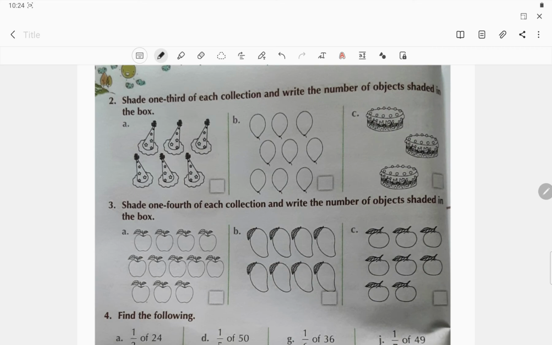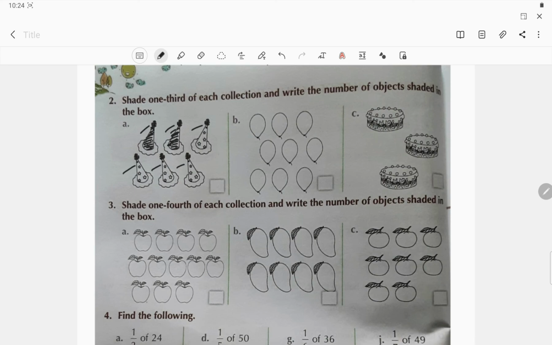In question number 2 of exercise 6.2: shade 1/3 of each collection and write the number of objects shaded in the box. Shade 1/3. So total items are 1, 2, 3, 4, 5, 6. You need only 1/3 portion.